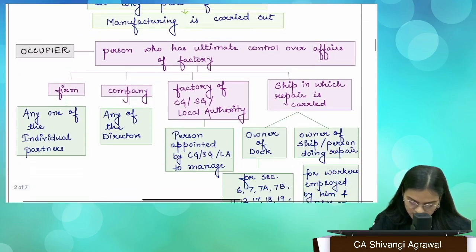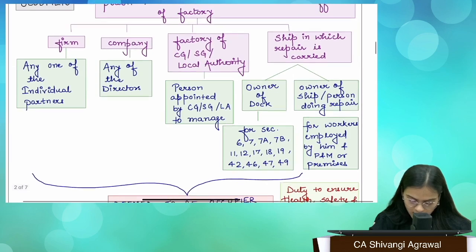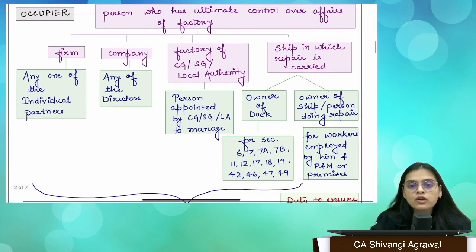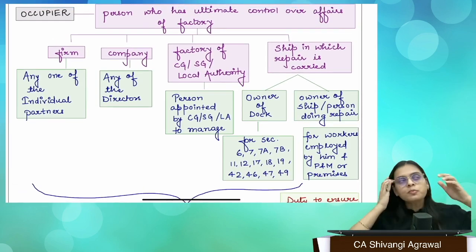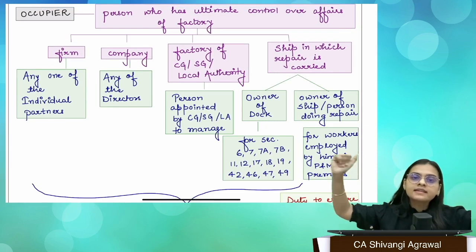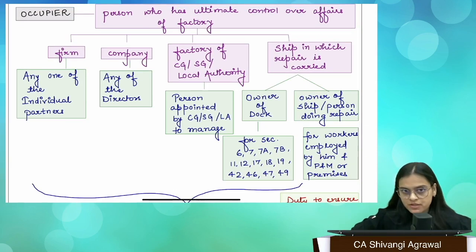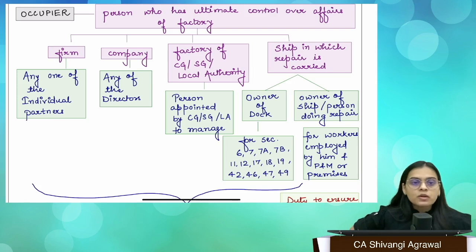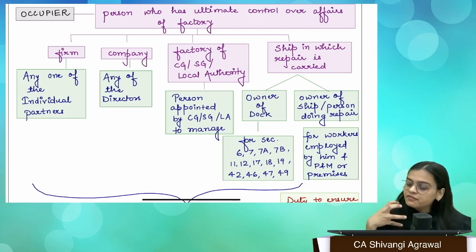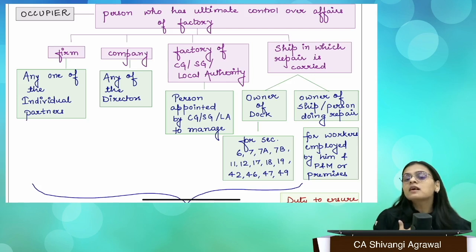The definition of factory is something that I've already told you, and now we have the definition of occupier. The occupier is somebody who has the ultimate control of the factory. If the factory is owned by a company, in a company we have a lot of directors, the board of directors.